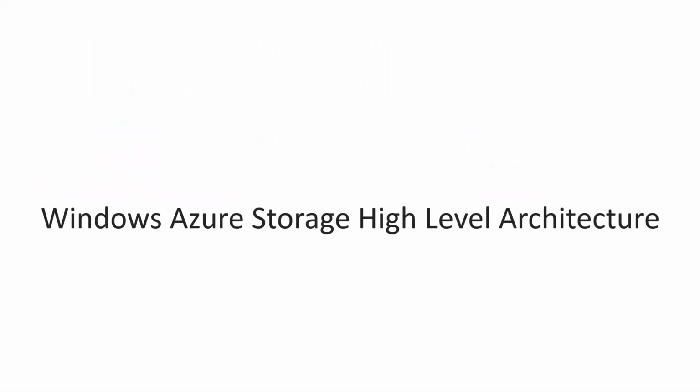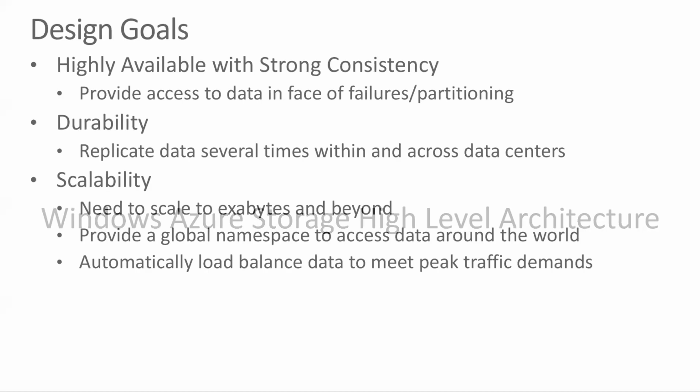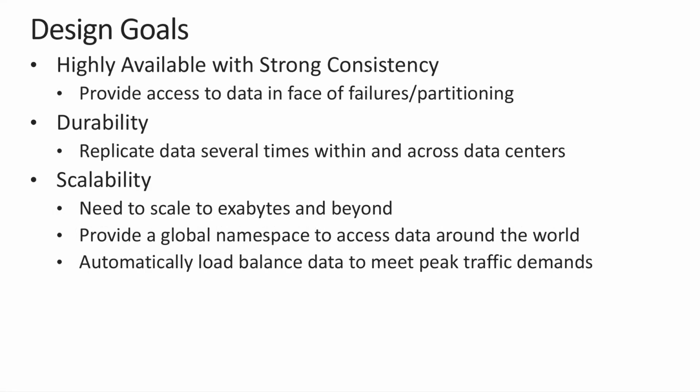Now we'll see how this one system stores these different kinds of data, and how it provides high availability as well as strong consistency. So what would be the design of such a system?